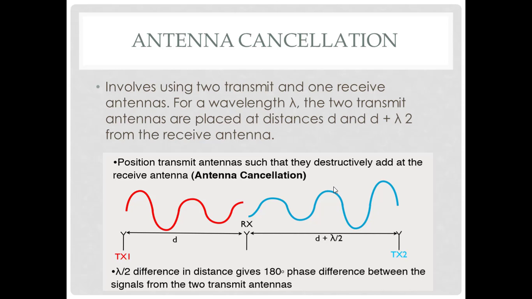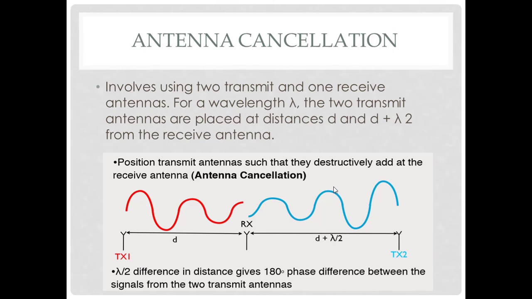Let's start with antenna cancellation. Antenna cancellation involves using two transmit and one receive antennas for wavelength lambda. The two transmit antennas are placed at distances d and d plus lambda divided by 2 from the receive antenna. Offsetting the two transmitters by half a wavelength causes their signals to act destructively and cancel one another.